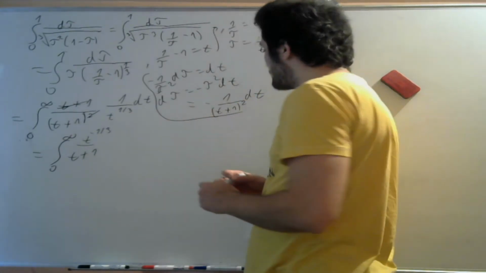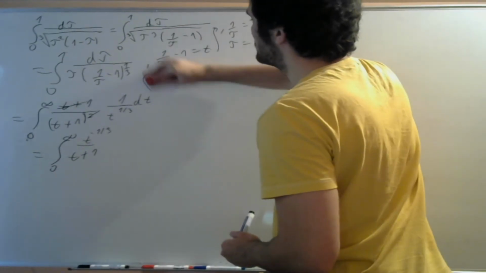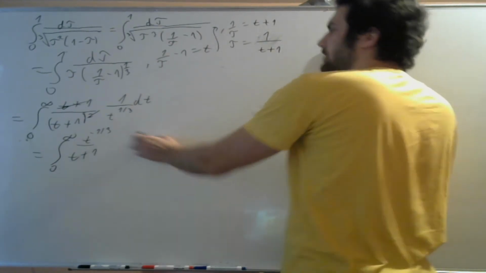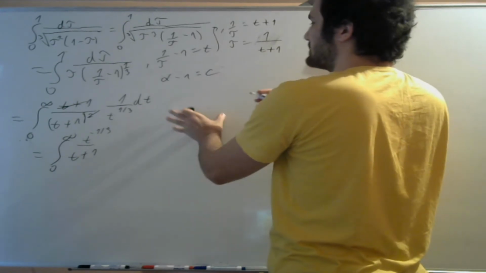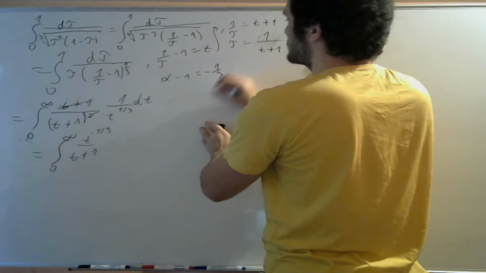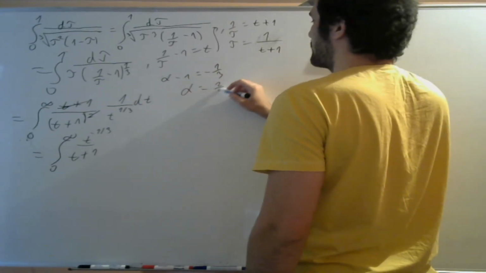And now we will erase this, and we will use the beta function property. The top power will be in the form alpha minus 1 equals a constant, where c is negative 1 over 3. So we just have to solve for this one. 1 to the other side, we will have 2/3.